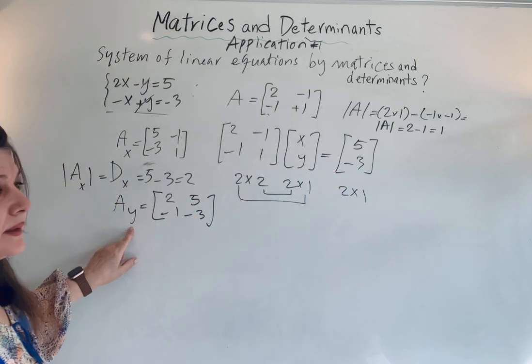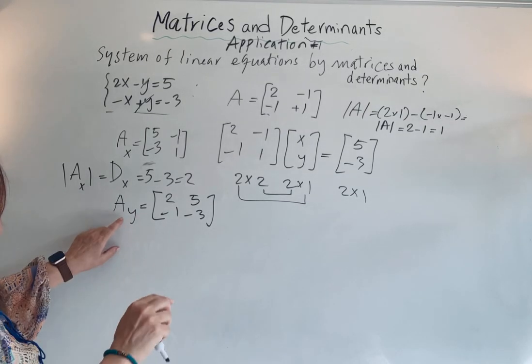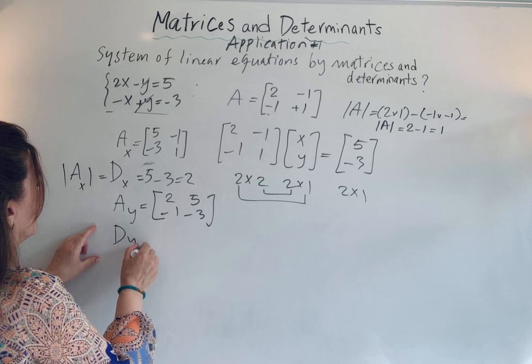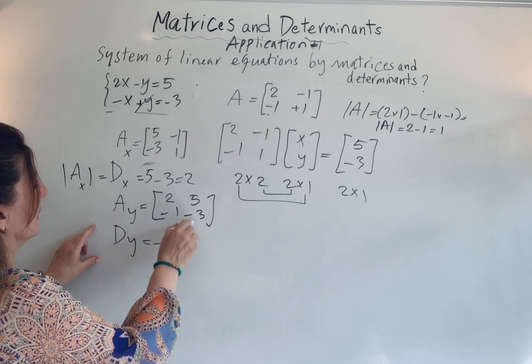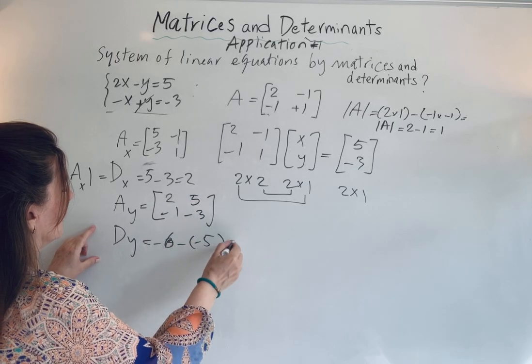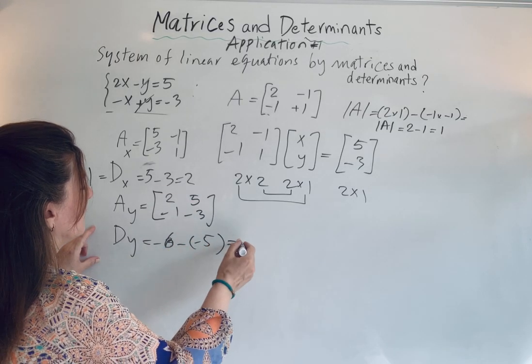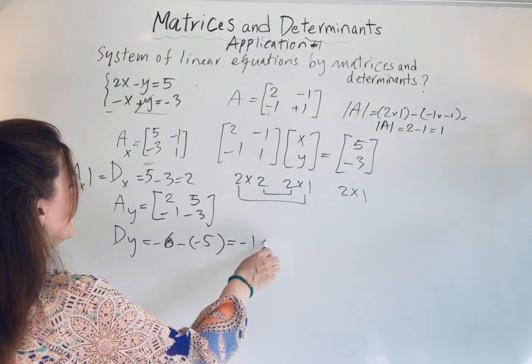We call this A of y. What is the determinant of this one? The determinant of A of y is 2 times negative 3, which is negative 6, minus negative 5. Negative 6 plus 5 is negative 1. So far, we have these.